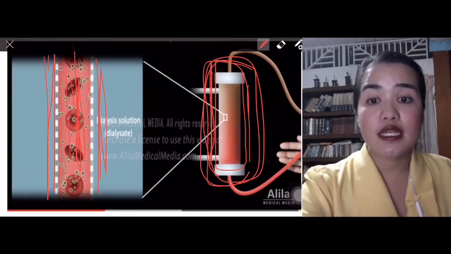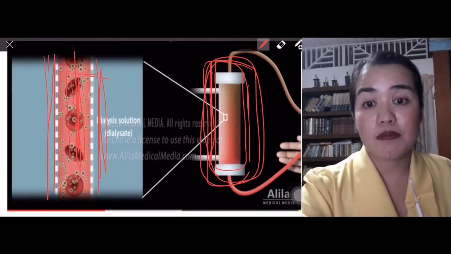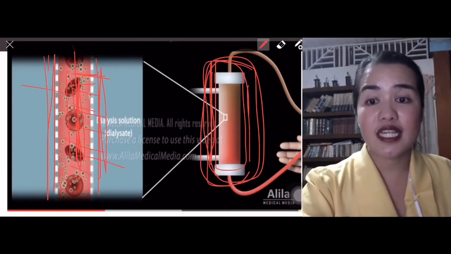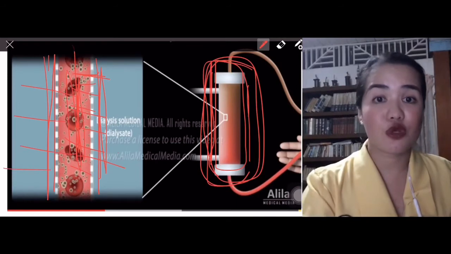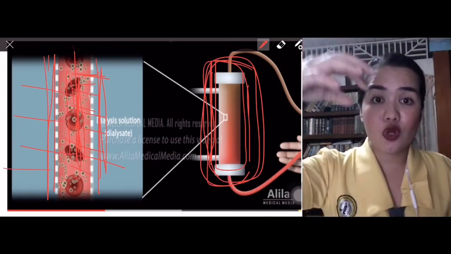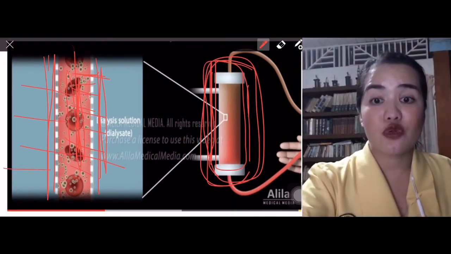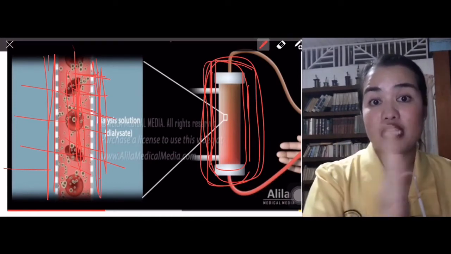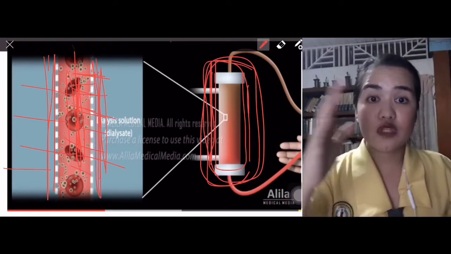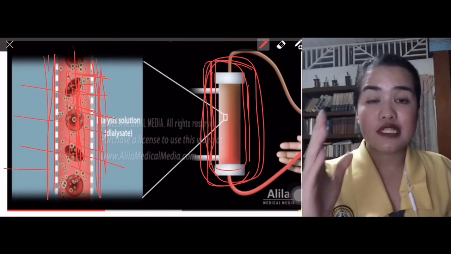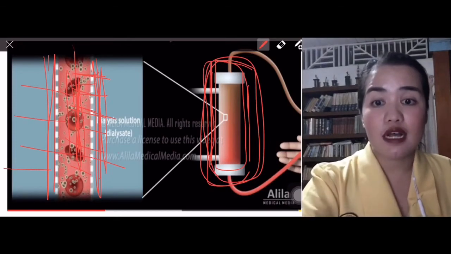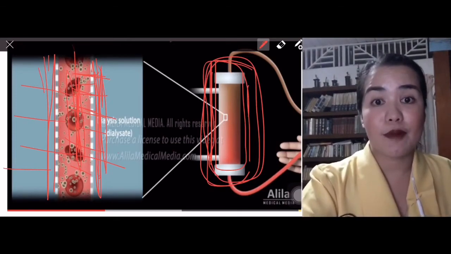So these dark spots that you see here, example, those are the urea, creatinine, sodium, potassium. Those are the toxins that will flow or pass through this semi-permeable membrane that only allows small particles to pass through it. So the big proteins or larger molecules like proteins and blood cells won't pass through this semi-permeable membrane.